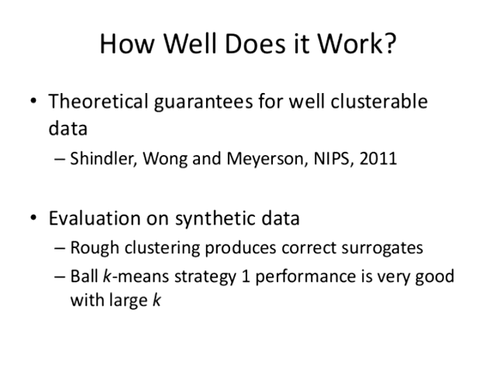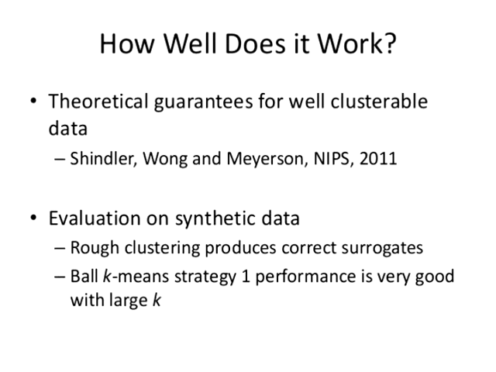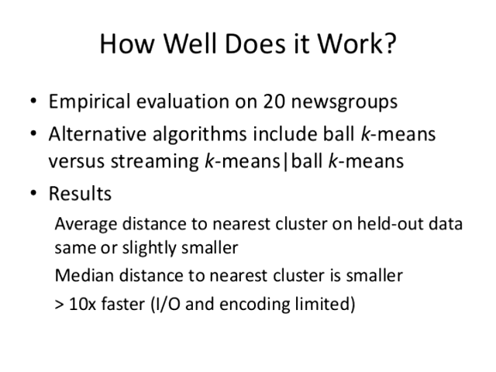So anyway, how well does it work? There's theoretical guarantees. The original paper provided those. But if you evaluate on synthetic data, you find it with very high probability gives you exactly the correct clustering that you want. If you evaluate on real data, we cluster the classic 20 newsgroups data, which is small enough that we could do a ball k-means on the original data.